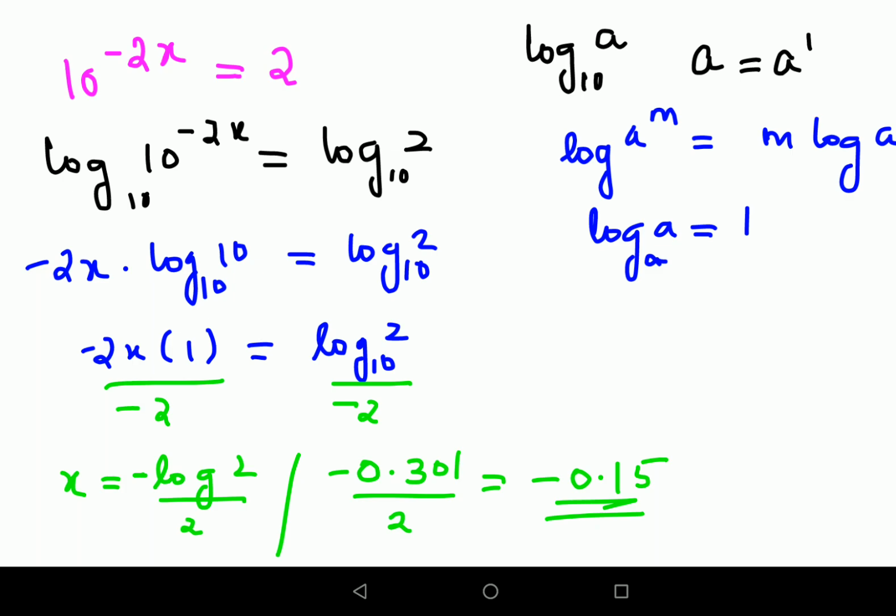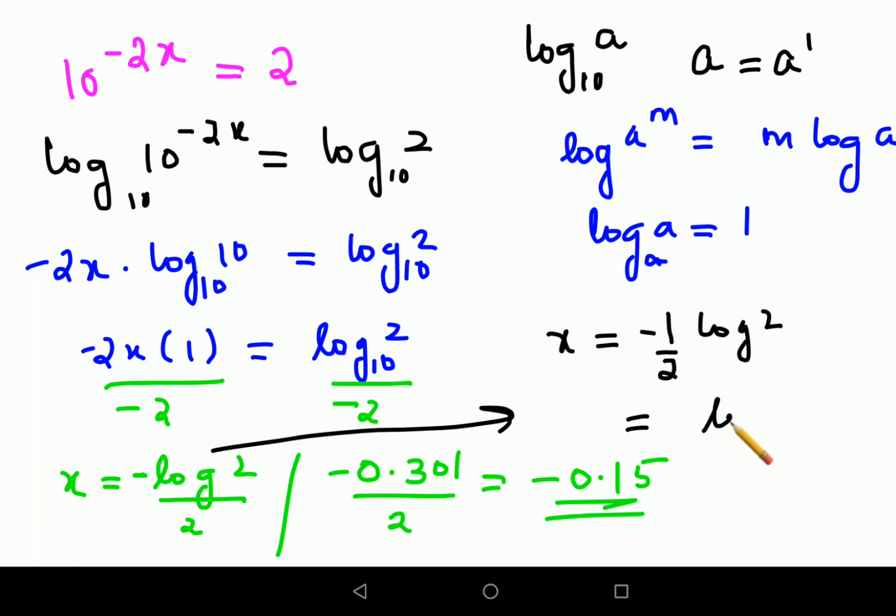Another thing very important was that here, another value of x could have been written as minus 1 upon 2 log 2. So this then changes to log of 2 raised to minus half. That also is okay. These are the few variations in which your answer could have been given.